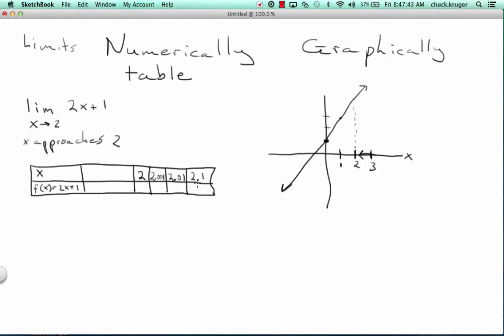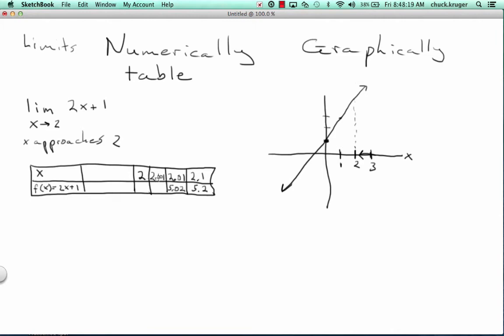Alright? So if I plug 2.1 into this function, I'm going to have 2 times 2.1, which is 4.2, and if I add 1 to it, I'm going to get 5.2. If I put 2.01 in there, I'm going to have 4.02, and add 1, I'm going to get 5.02.